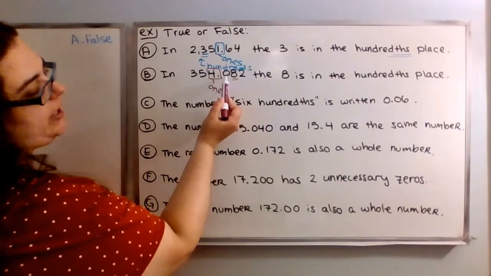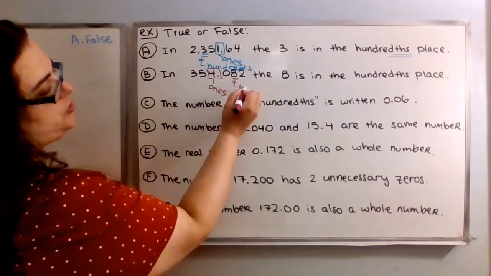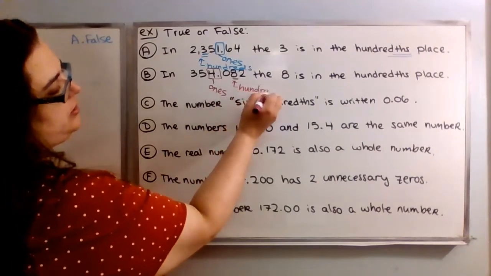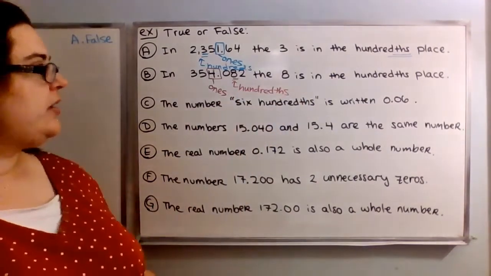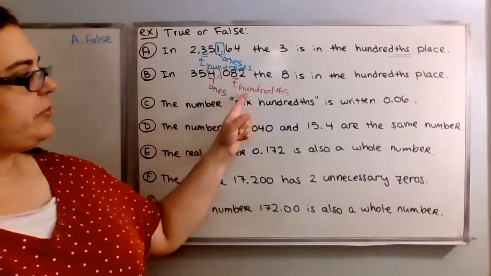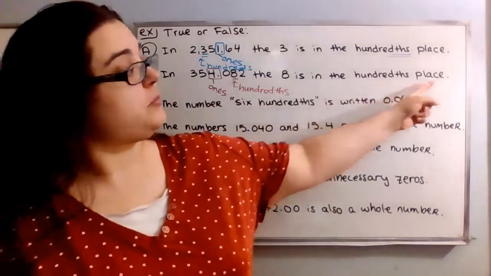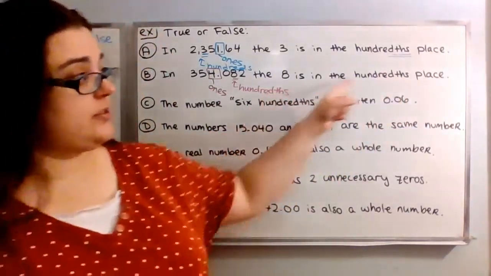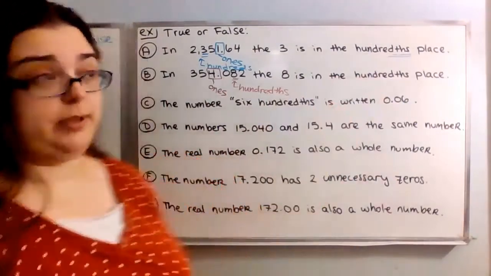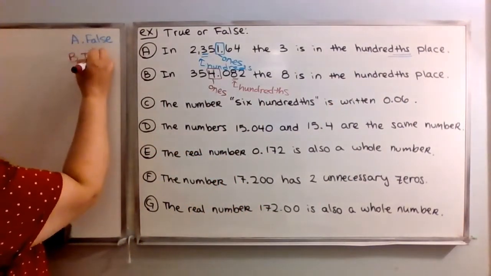Immediately to the right will be tenths, and then we have hundredths. So this is the hundredths place. Sorry about my squeaky marker there. So the 8 looks to be in the hundredths place. The 8 is in the hundredths place. So now, being careful in comparing them, hundredths, hundredths, that one is a true statement. So B is going to be true.